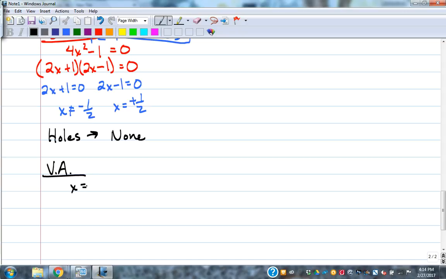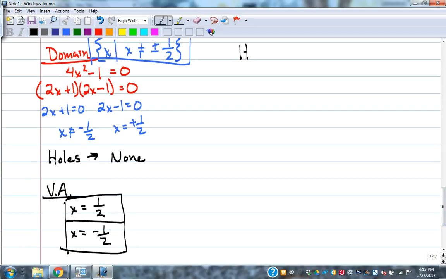So it's x equals positive 1/2 and x equals negative 1/2. We'll look at this on a graph in just a little bit once we get all these pieces built. So vertical asymptotes, since nothing canceled out, match our domain. If something cancels out, things from the domain may not show up as vertical asymptotes. Okay. Next thing would be horizontal asymptotes and oblique asymptotes.